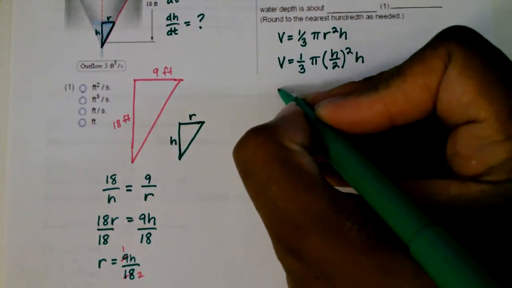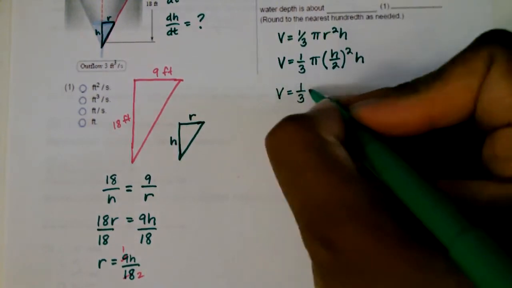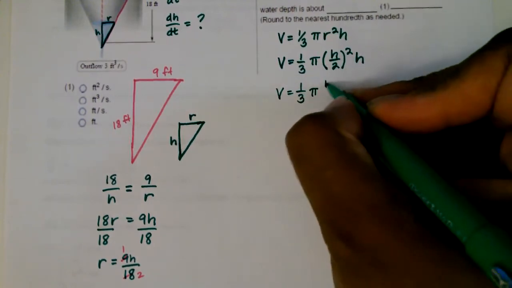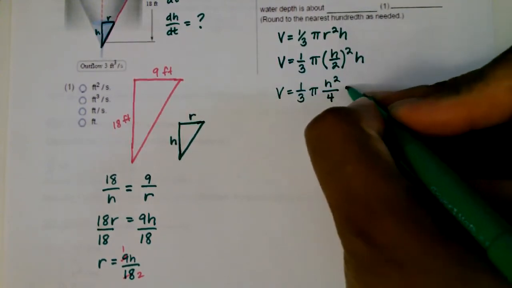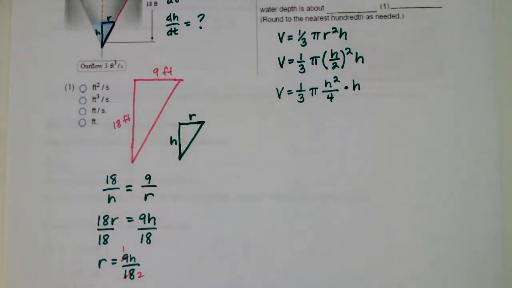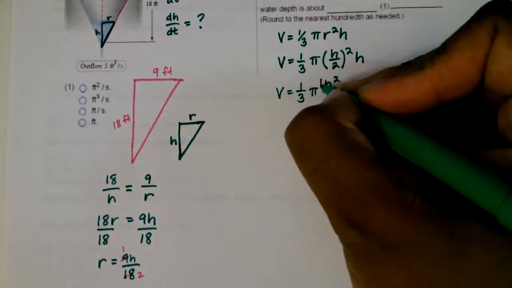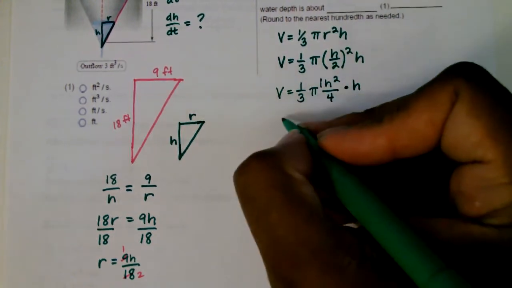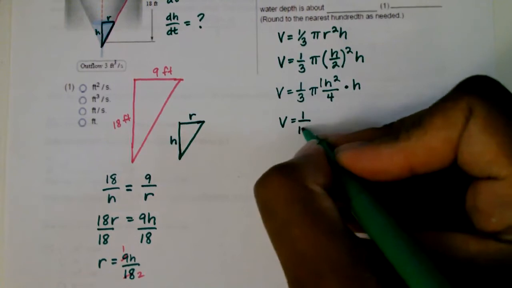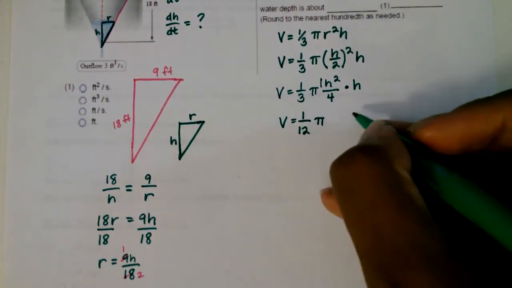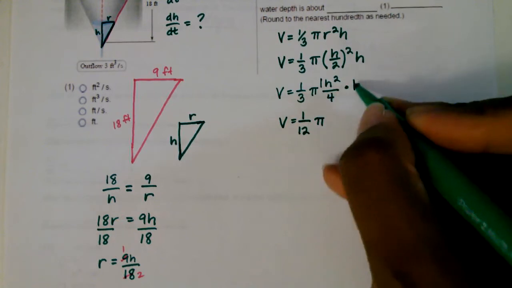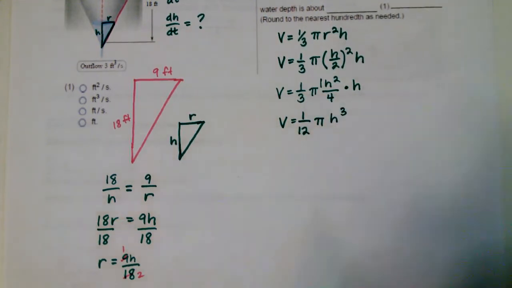If I simplify this, V is equal to 1/3 pi, square the h over 2, this will be h squared over 4, times h. So 1/3 times 1/4 is 1/12. So V is equal to 1/12 pi times h squared times h, which is h cubed. This is the formula for the volume of that cone that's only in terms of h.